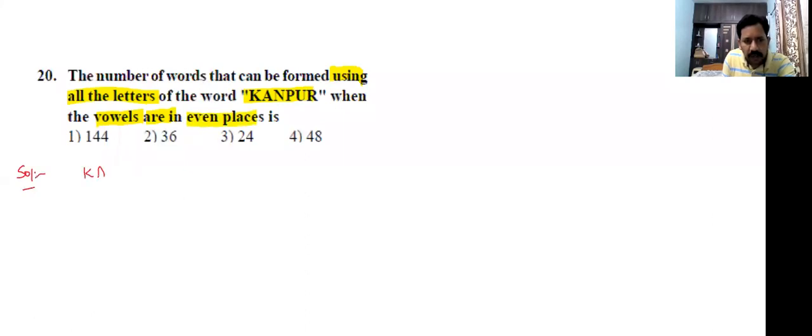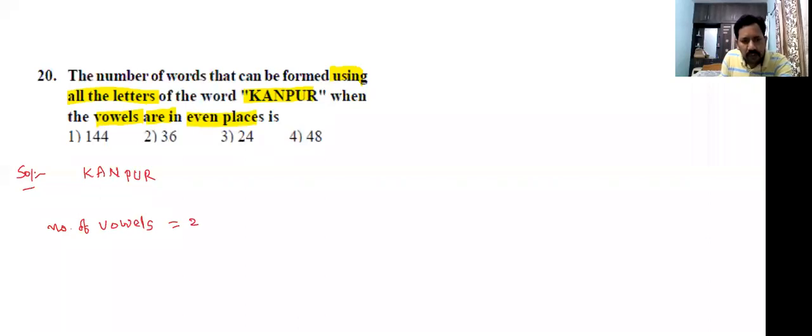Kanpur, K-A-N-P-U-R. Number of vowels. How many are there, students? What are the vowels here?